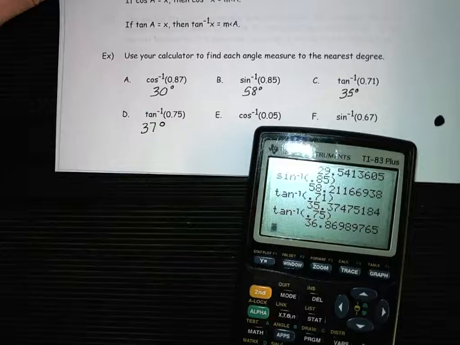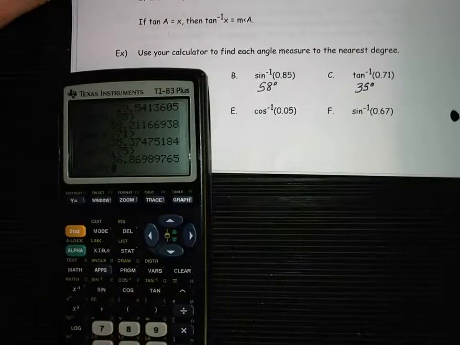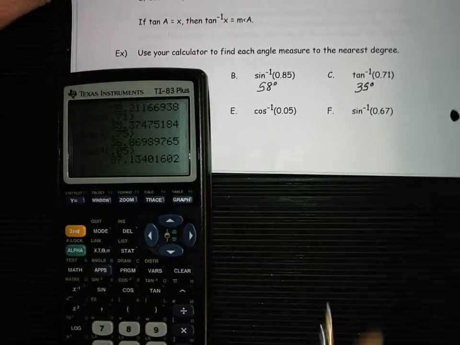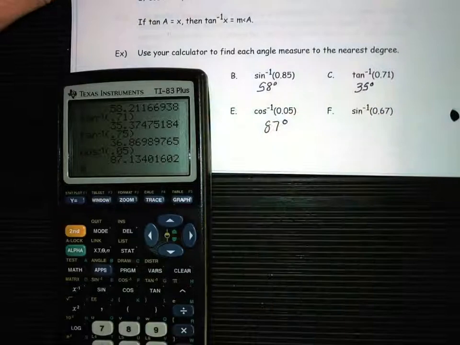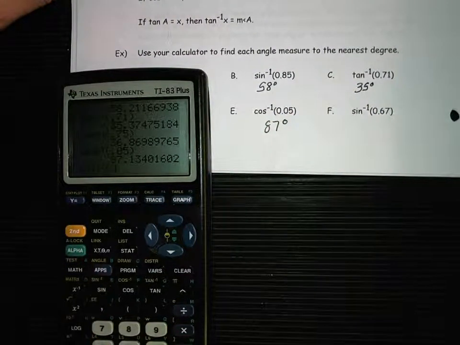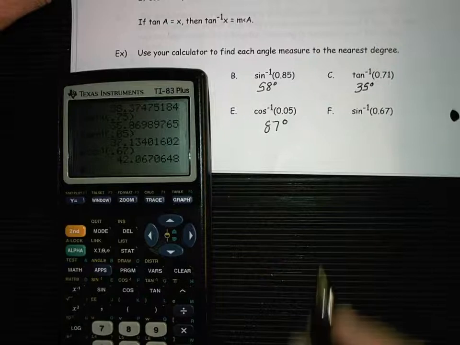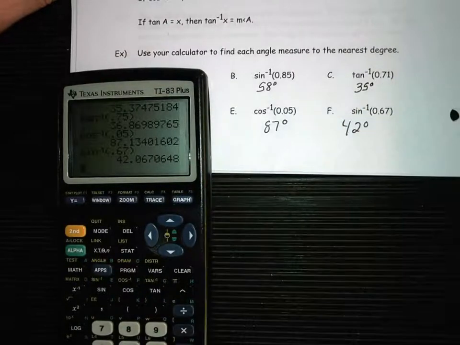So that is 37 degrees. Inverse cosine of 0.05 ends up being 87 degrees. And inverse sine of 0.67 is right about 42 degrees.